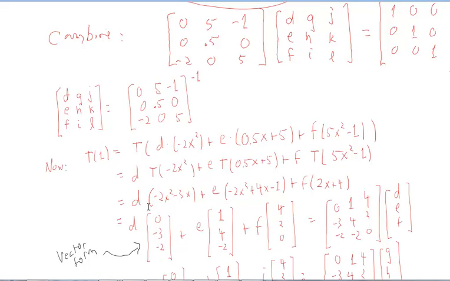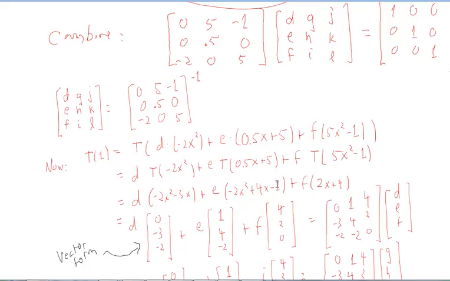The result of this T of minus 2x squared is this polynomial that was given to me. T of 0.5x plus 5 is minus 2x squared plus 4x minus 1. That was given. This T was also given. Let me express these polynomials in column format. Okay, now this has 0 constant term, minus 3x term, minus 2x squared term. So I write this as 0, minus 3, 2. Here I have minus 1.